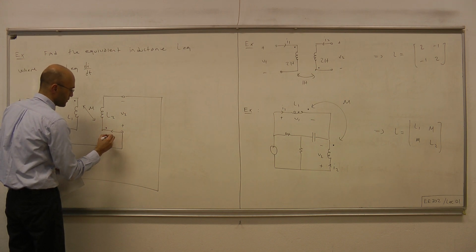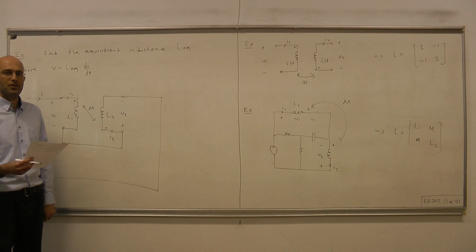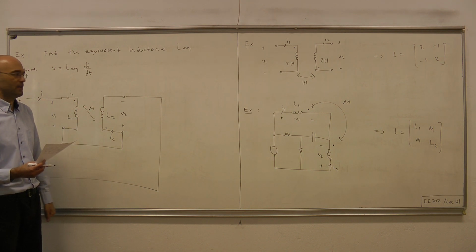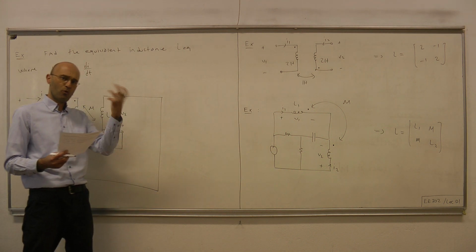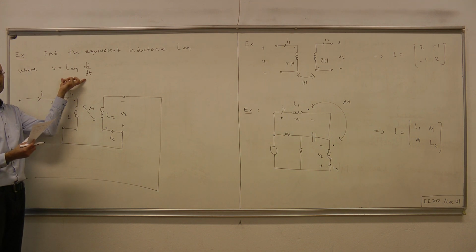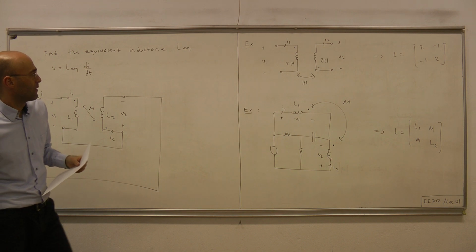Therefore, the current should be directed as such. That's our I2. Okay. And now that we have the labeling, we can write down the model, and then from those equations in the model, we will hopefully obtain this L equivalent. So let's do that.